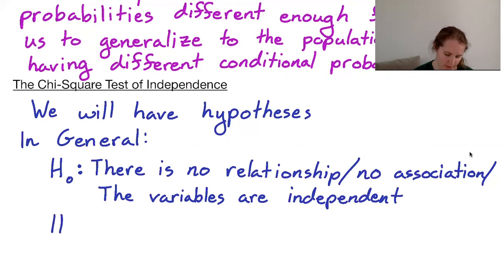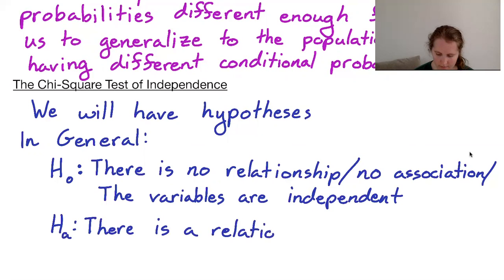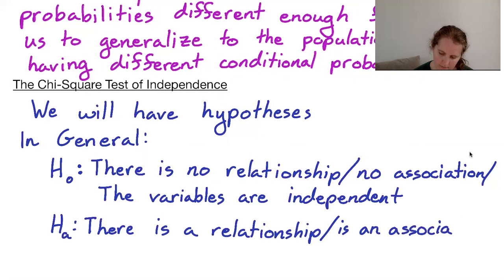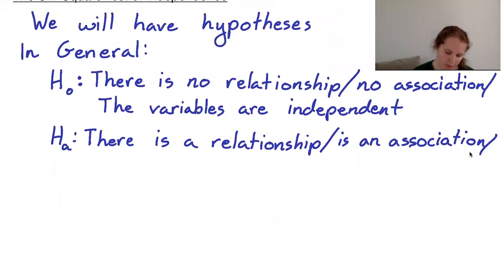The alternative hypothesis will be that there is a relationship, there is an association, or the variables are dependent.